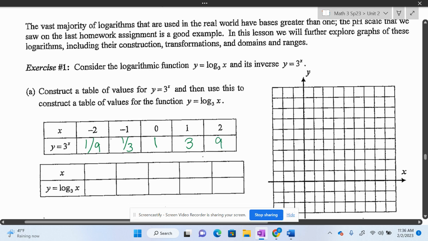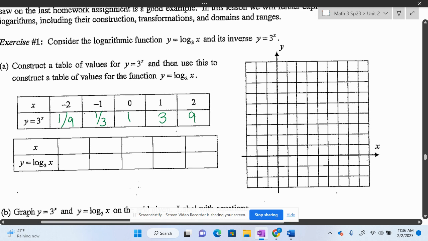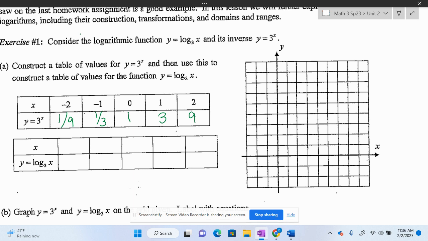Okay. So I'm going to graph that, and then we'll come back and talk about the other table. So let's see, when x is -2, I'm at 1/9. So that's barely a smidge over the line. When x is -1, I'm at 1/3. So you can actually see it a little bit, but those are really, really close to 0.